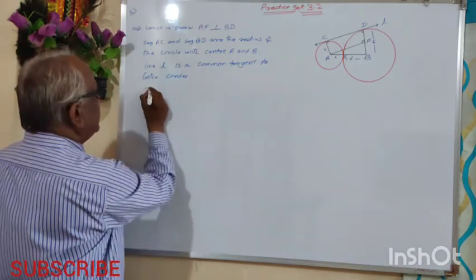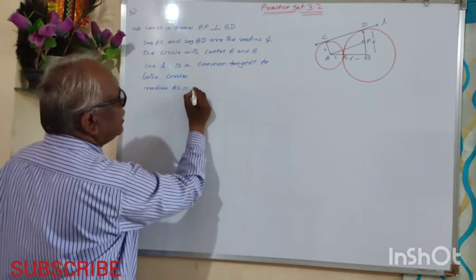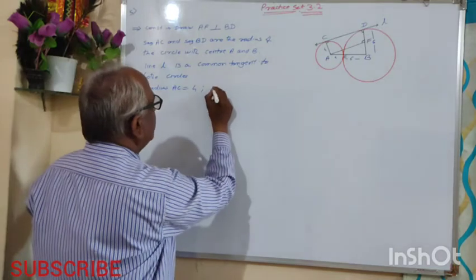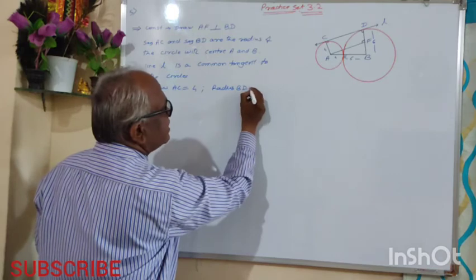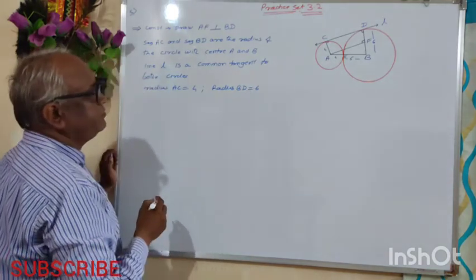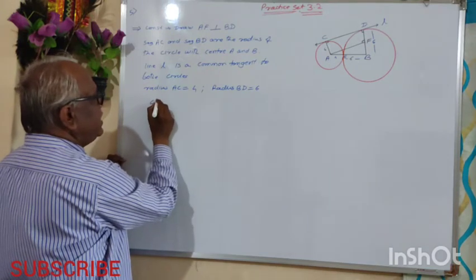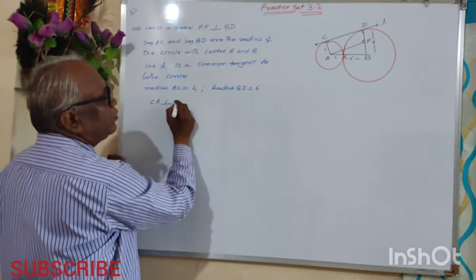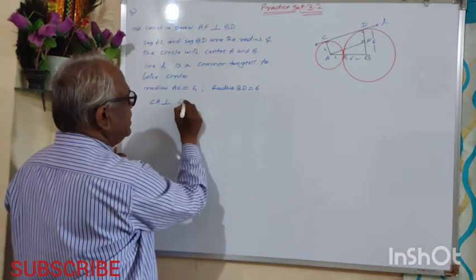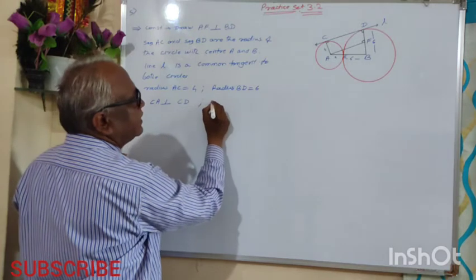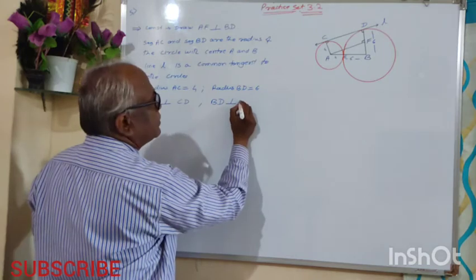Now here radius AC is equal to 4 and radius BD is equal to 6. CA is perpendicular to CD and BD is perpendicular to CD.